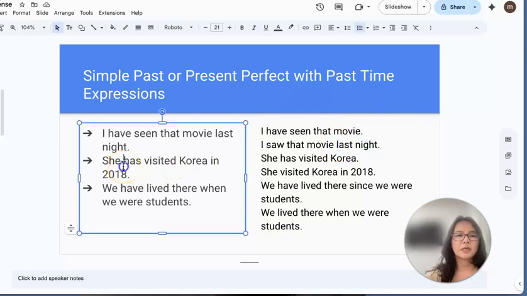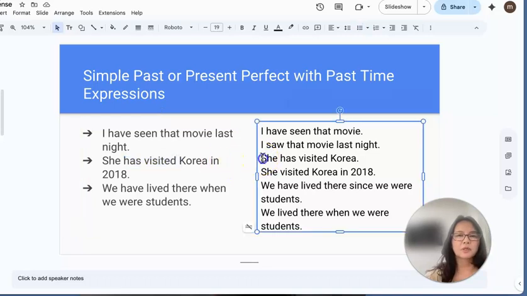And let's take a look at "she has visited Korea in 2018." So "in 2018" is a specific time expression, so we cannot use it with present perfect tense. We have to drop "in 2018." So we talk about an activity that happened at an indefinite time in the past.